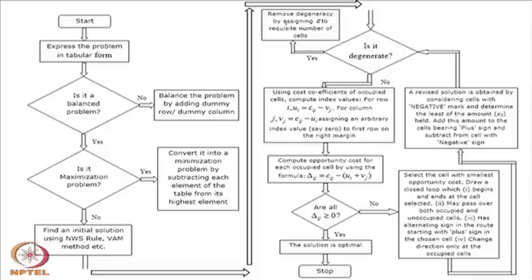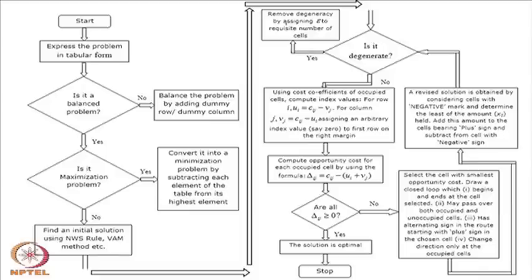We can find u_i plus v_j by writing a set of linear equations, and as we have told, the index value you write as 0. So one of the variables among u_i and v_j you have to make 0, and then calculate the values of u_i and v_j. Once you have calculated them, your next step is to compute the opportunity cost for each unoccupied cell. Please note this one.